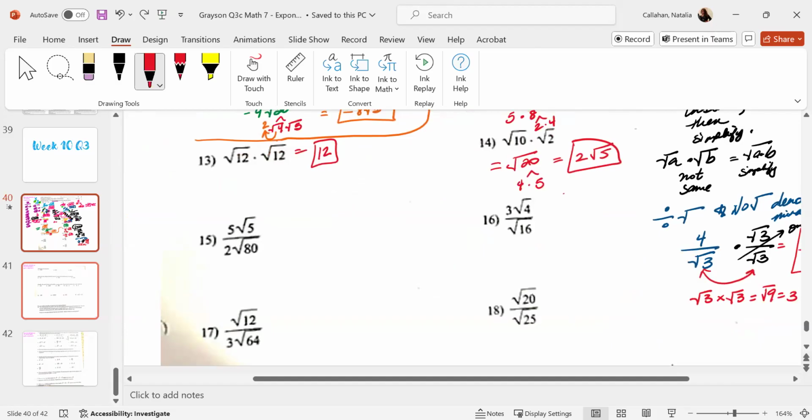This is now division, correct? With division, this is going to be a little bit more complicated. The reason for that is because you have to simplify the numerator and denominator first, okay? At the top, there's nothing I can do. I can't simplify anything inside the square root of 5, right? The 80 I can, however. I could do 4 times 20, right? 4 times 5. What is that going to give me?